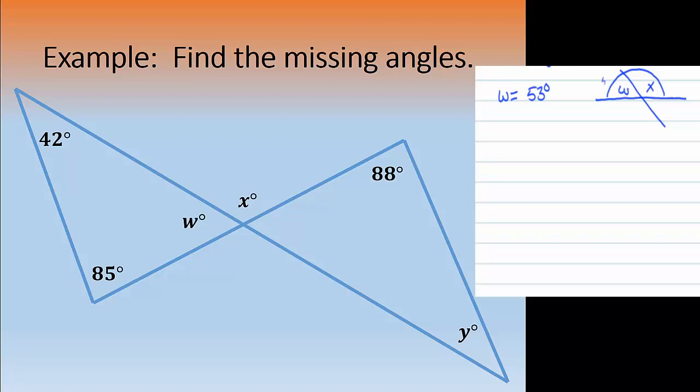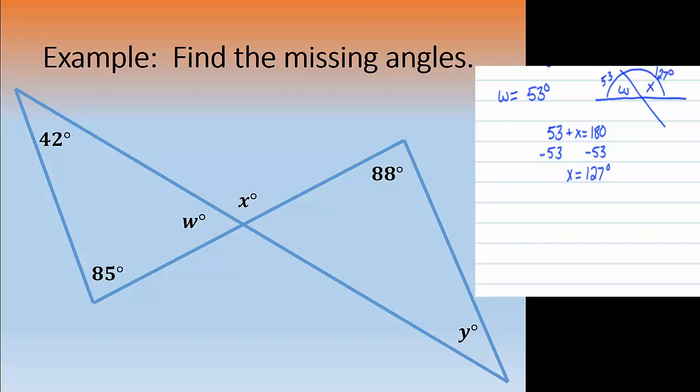And we know that W is 53 degrees. So the remaining portion of the arch, which represents X, has got to be 53 plus X equals 180 degrees. So we subtract 53 from both sides, and we're left with X equals 127 degrees.